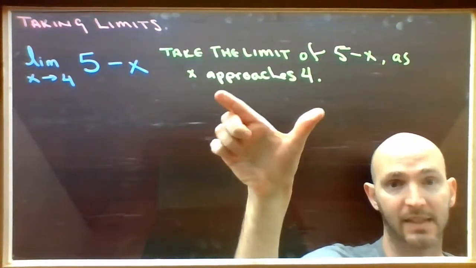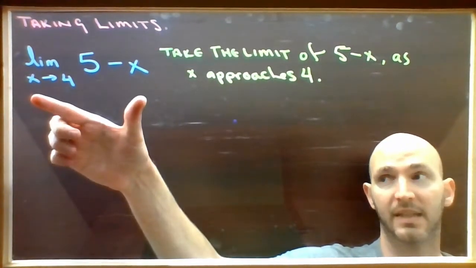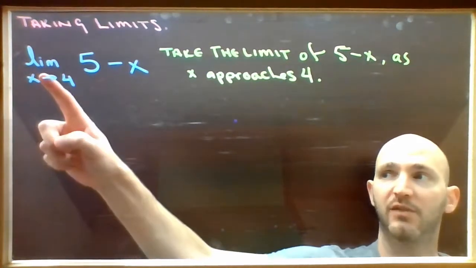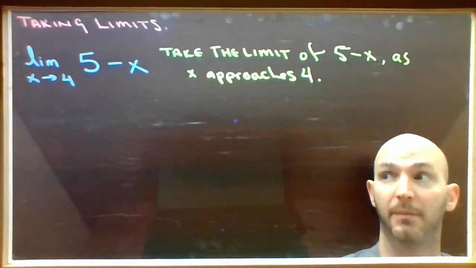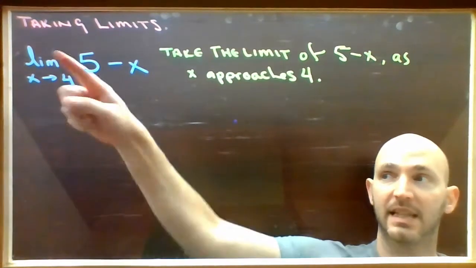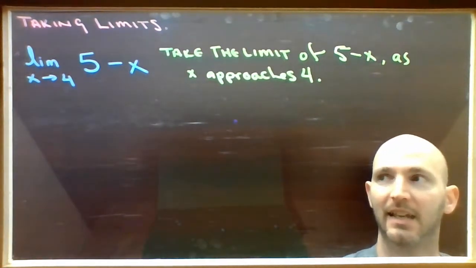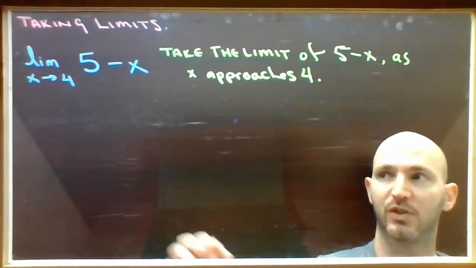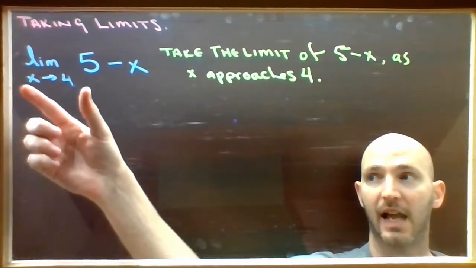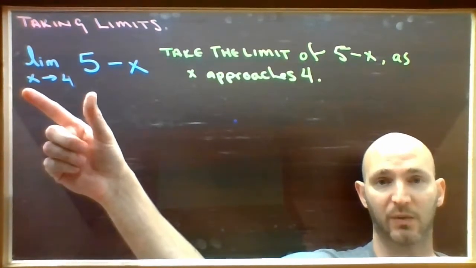So that's the sentence that's coded in this particular notation. Notice I've used an LIM. That will get lazier and lazier as we do these examples. When you see this symbol or something like that, it's a limit asking you to take the limit of this particular function as it approaches this particular value.